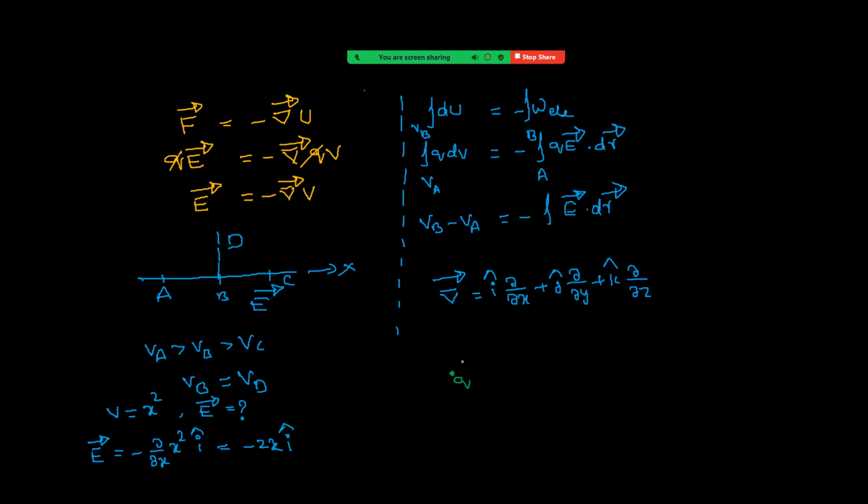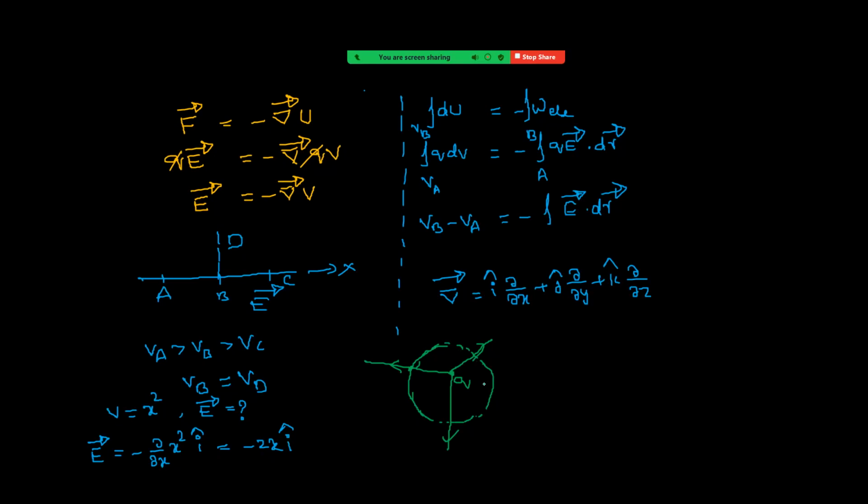Get the point. Now, if you imagine a sphere, the electric field direction is radially outwards, which means at each and every point the field is normal to the surface.